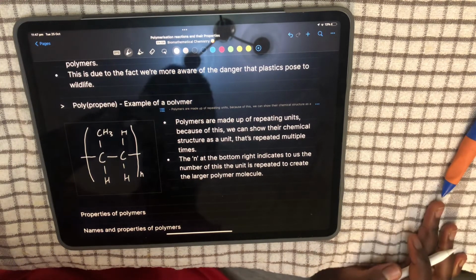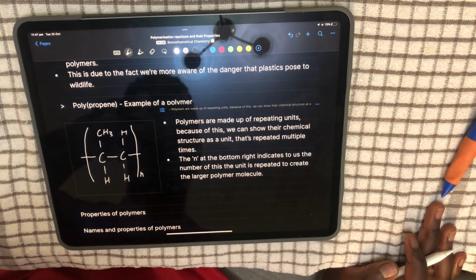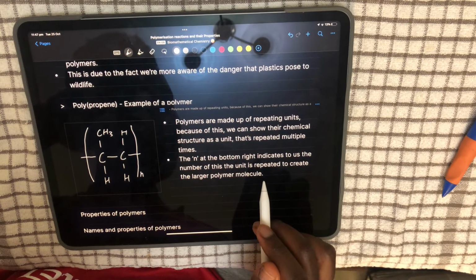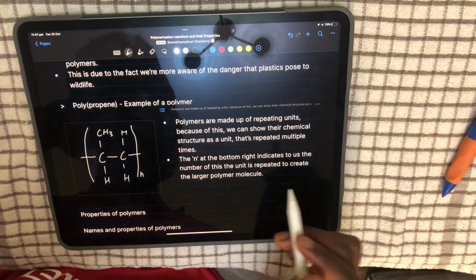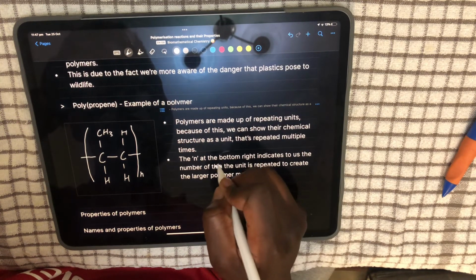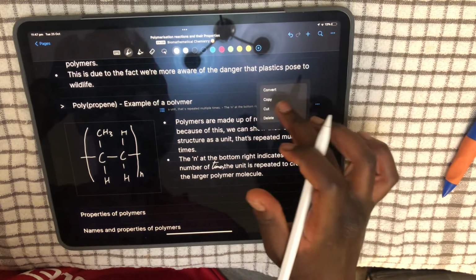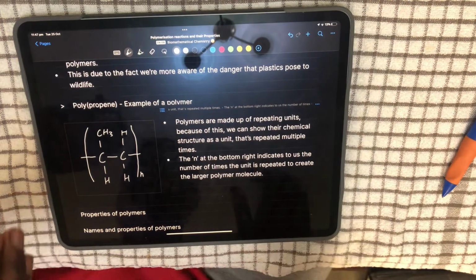I think there might be a typo here. Number of times. And that's it.